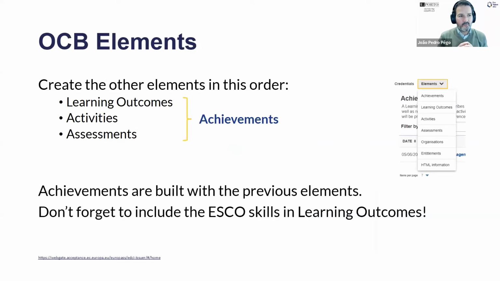Like I said, there is no specific order on how to create all the elements, but I suggest that you start by creating learning outcomes, activities, assessments, and these are included in achievements, and then achievements can be included in entitlements, and if you need accreditations, you also can have them. Don't forget to adjust your HTML to get a nicer front page.